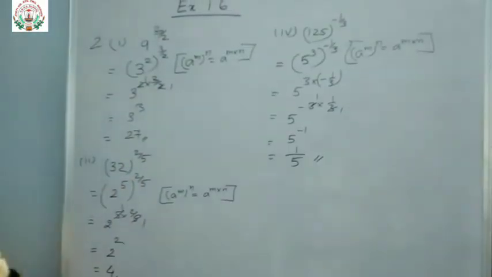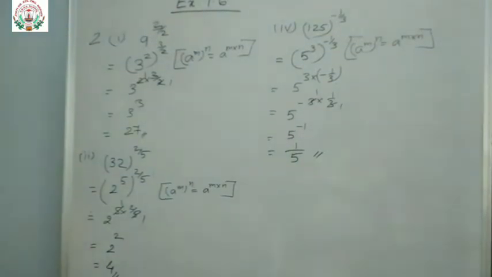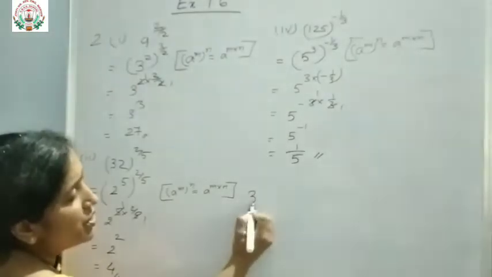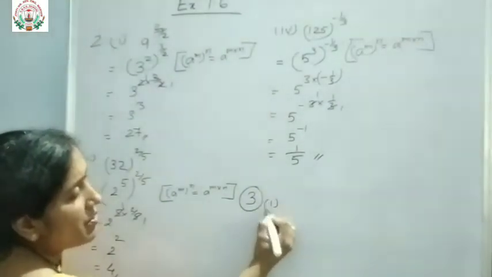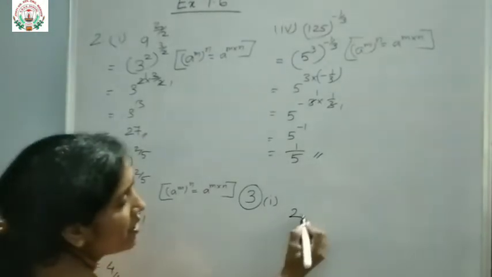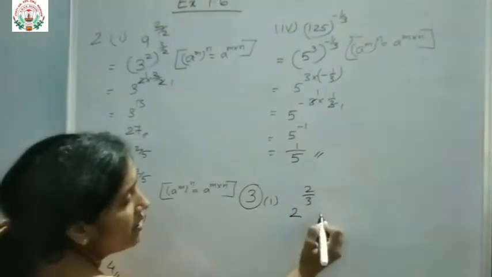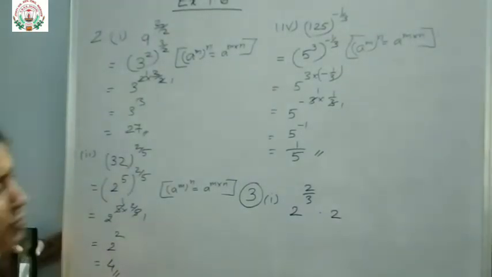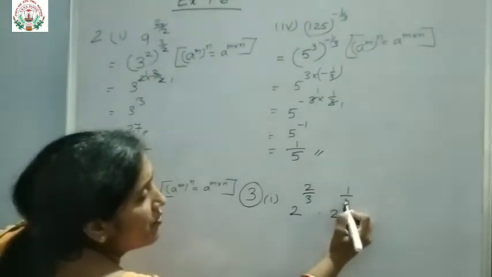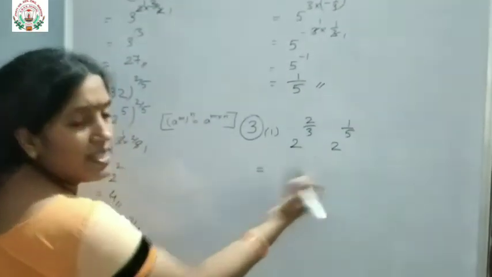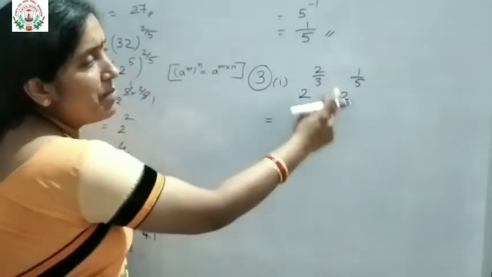Okay. Now let's see the third question. The third question is simplification. The first one is 2 to the power 2 upon 3 into 2 to the power 1 upon 5. Now you can see the base is the same. If the base is the same, the powers will be added.